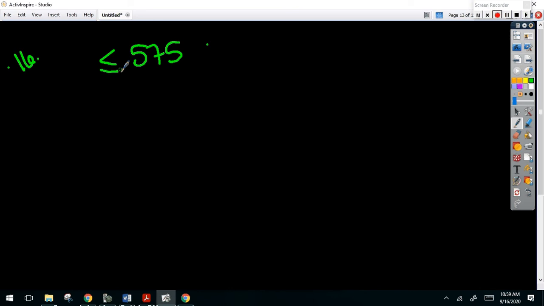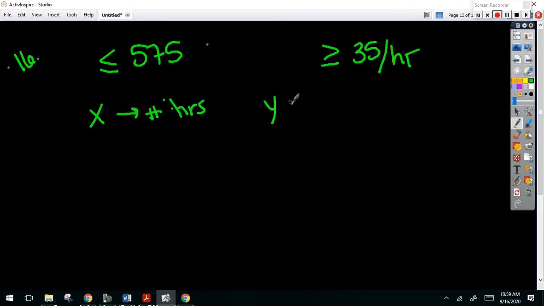So my total money spent, I'm gonna let X be my number of hours, and Y, I'm gonna let be how much I spend, right? So, my number of hours times the price per hour, so 35X needs to be less than or equal to 575.